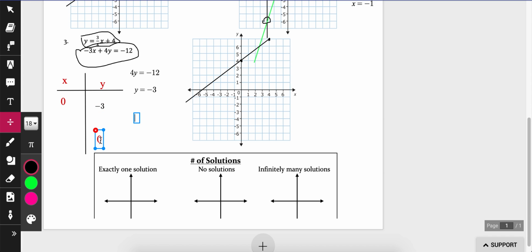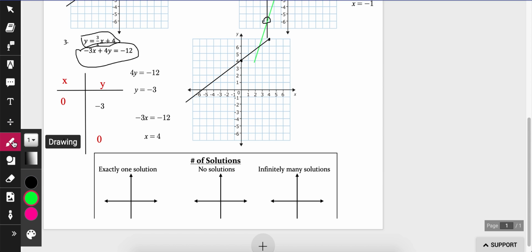Next, I'm going to set y equal to 0 and find the x-intercept. I've eliminated the y term, and I'm going to solve -3x equals -12 for x. I'm going to divide by -3 and get x equals +4. Now I'm going to take these intercepts and put them on the graph. y at -3, x at +4.